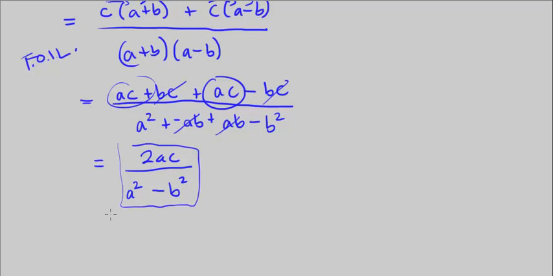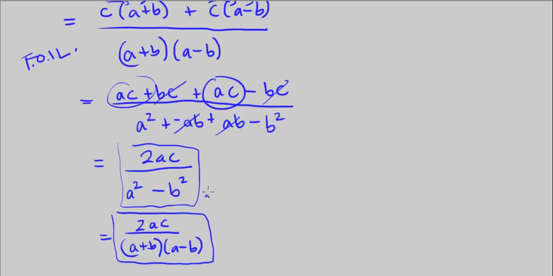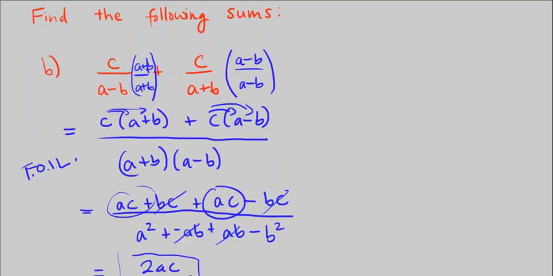If I want to, I can keep going and factor the denominator, so it's going to be 2ac over, that's the difference of two squares, a plus b times a minus b. Either one is acceptable for now because we're not asked to factor them, but we can. Alright, let's move on to part C.